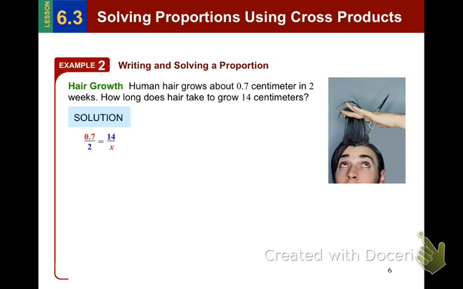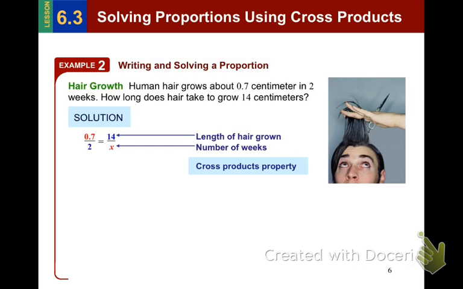And so by using the cross products, we would have an equation. So you kind of, in a way, set up a general ratio saying, I'm going to compare length to time, and then make sure that you set it up exactly the same on both sides of the equal sign. So we would have 7/10 times x is equal to 2 times 14.